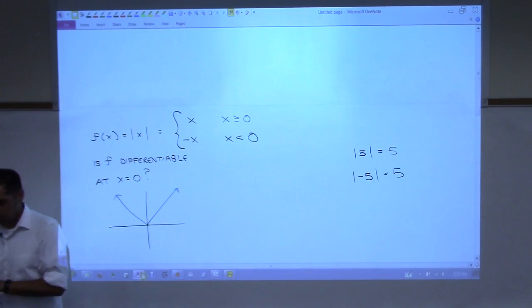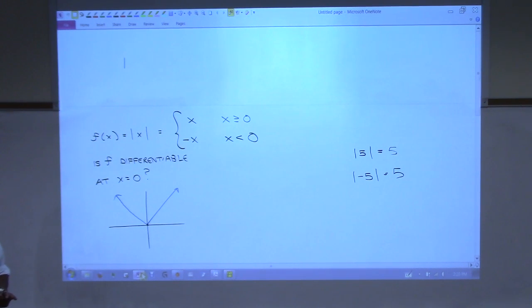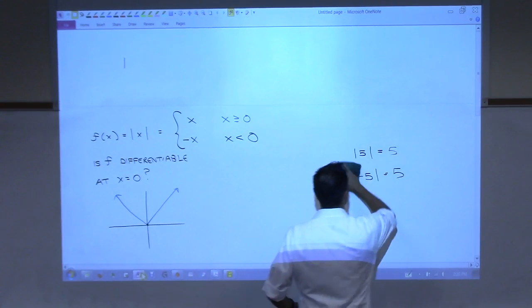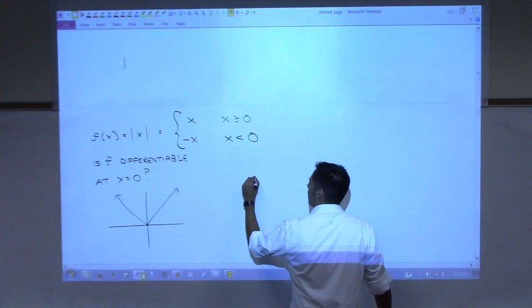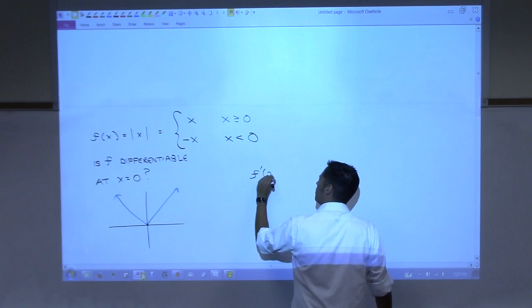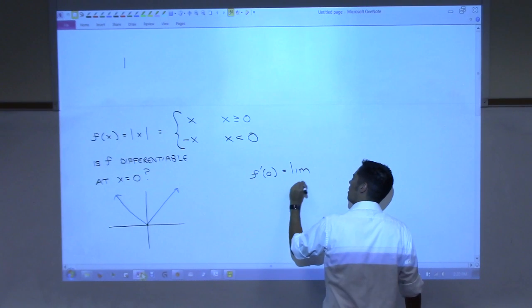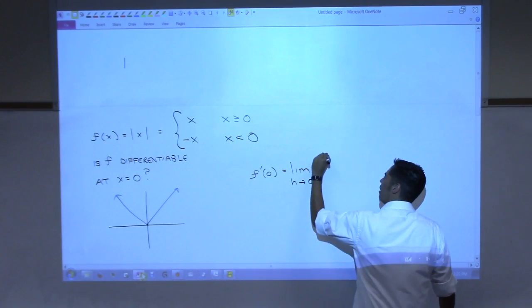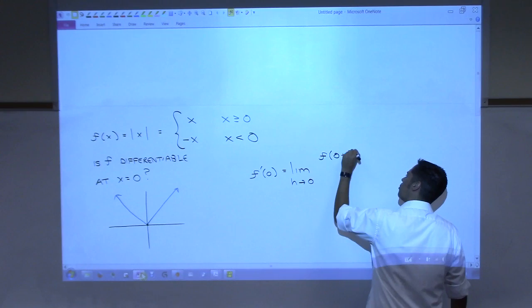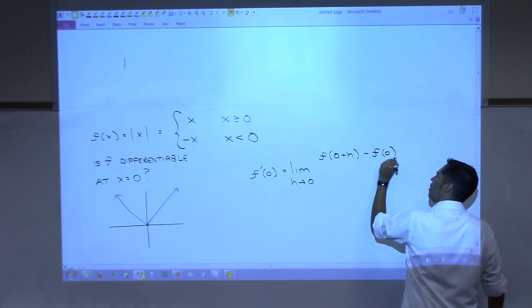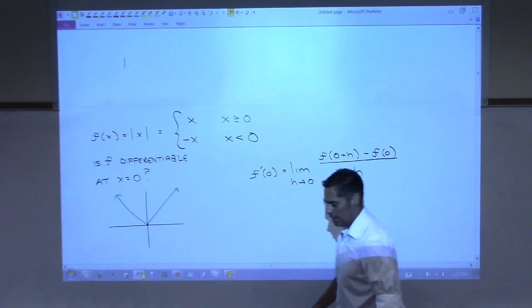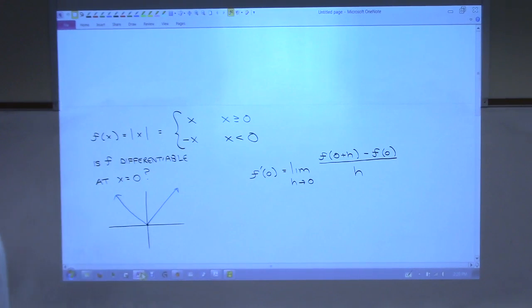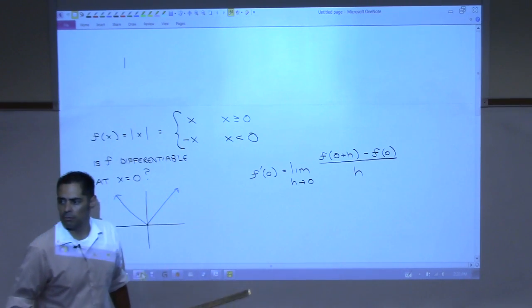Now, let's try and figure out what the derivative is at 0. F prime at 0 equals the limit as h goes to 0 of f of 0 plus h minus f of 0, all over h. Is that not the definition from last class with a being 0?